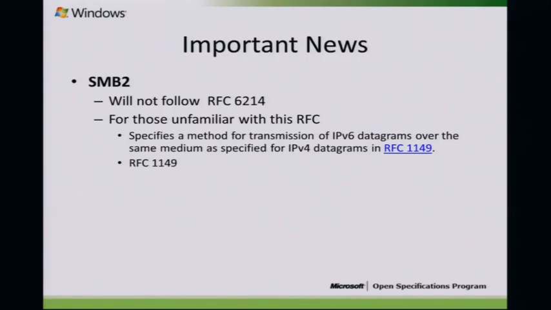But just to see if people are paying attention, are you awake, I thought I'd give you some news. Well, really, I'm lying. So SMB won't be following RFC 6214, which you all know immediately, don't you? No? No takers? It was the year of IPv6, so we have to. But you know, I have to apologize. I do occasionally do bad jokes. I was going to do an IPv4 joke, but they're all tired out, exhausted.